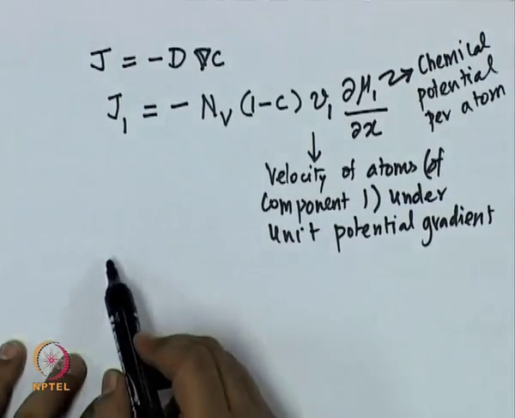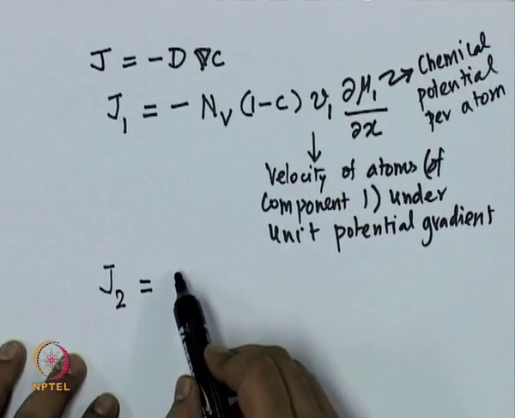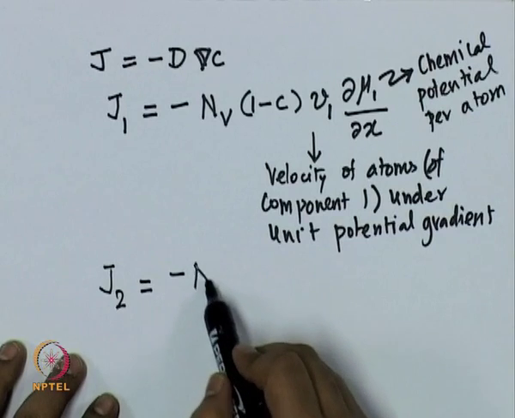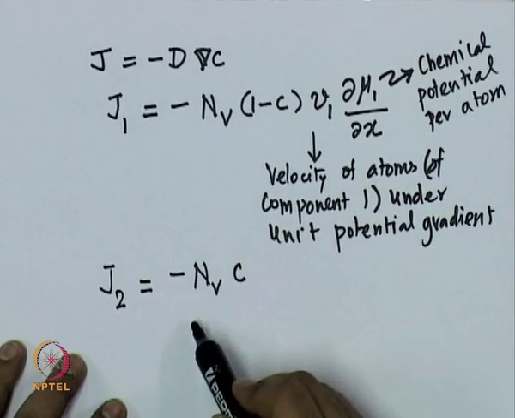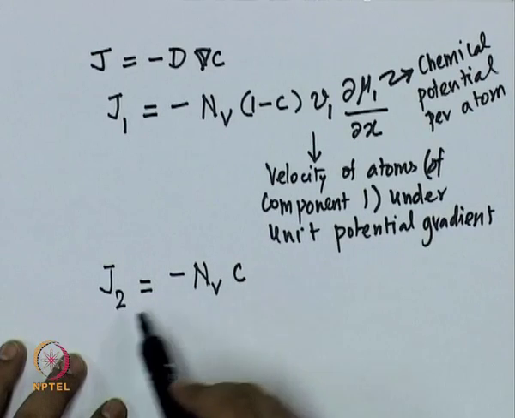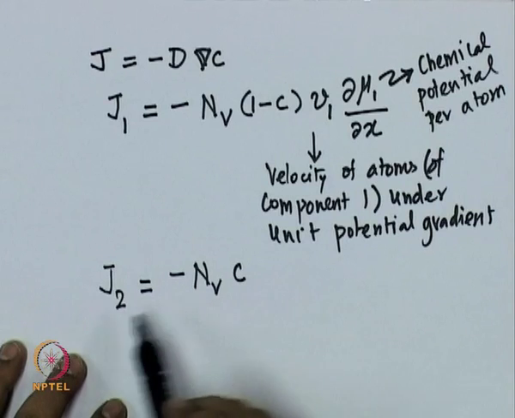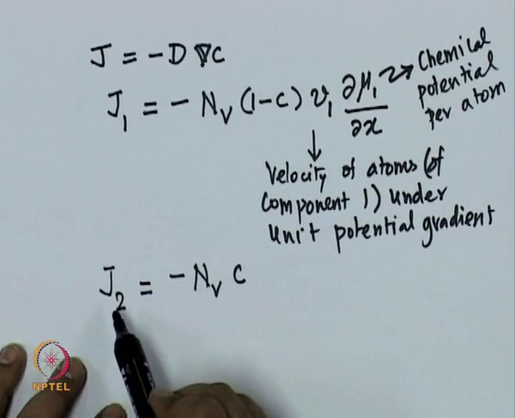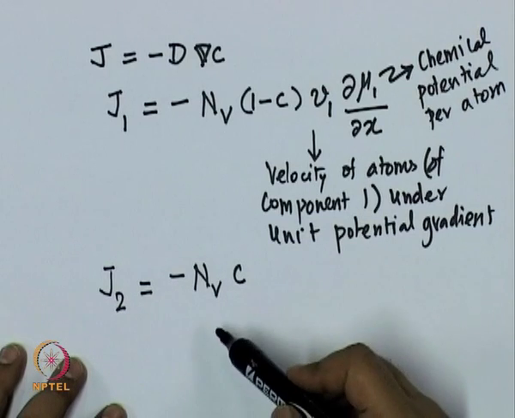In a similar fashion, we can write J2, which is nothing but minus N_V, the total number of atoms per mole, times C, because we are looking at component 2 and the composition is typically the fraction of atoms of type 2 to the total number of atoms.